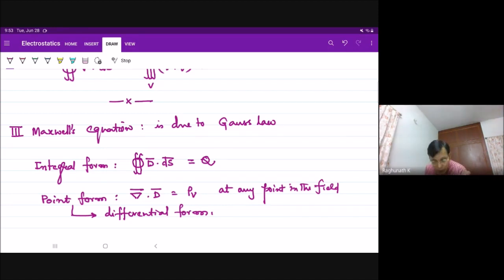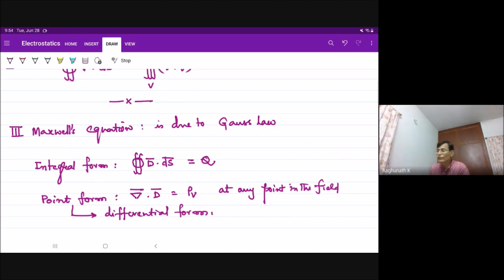I was telling about this. Poisson's equation is not given in the fields syllabus because they removed electrostatics here. They added Poisson's equations in semiconductor physics because that is required for us.